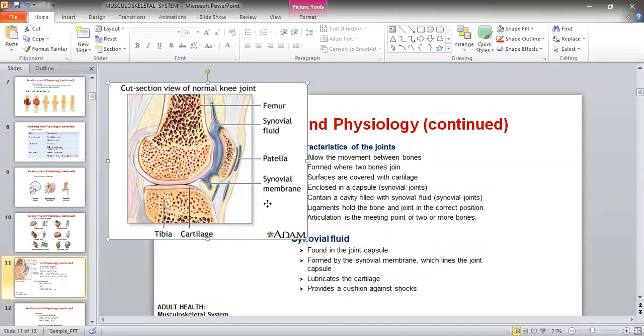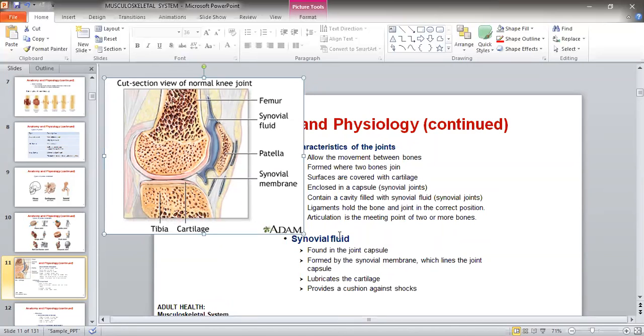So what is the synovial fluid here? It is found in the joint capsule, and this area is covered by a soft tissue, and this makes a capsule, sometimes called the articular surface or joint. It is formed by the synovial membrane, lubricates the cartilage, and works as a shock absorber, or you can say, a cushion against shock.